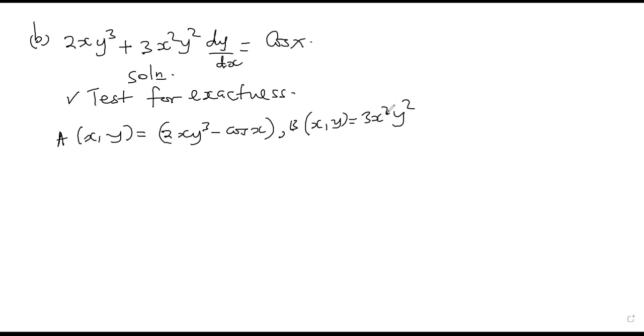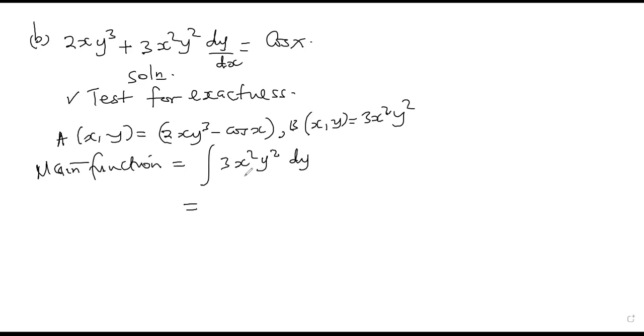So we need to get our main function. Our main function would be equal to the integral of B with respect to y, so it is the integral of 3x squared y squared dy. That will give us our main function.